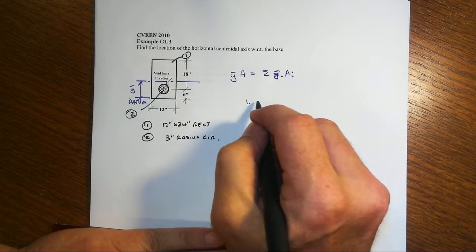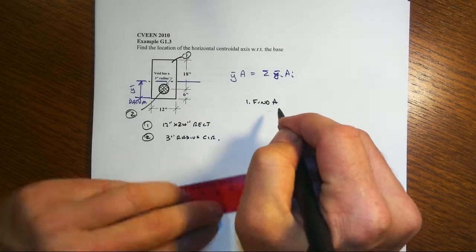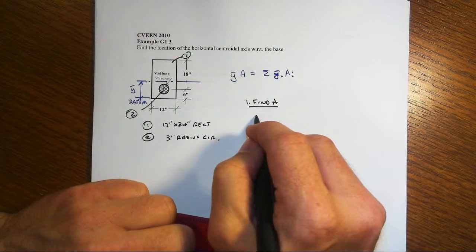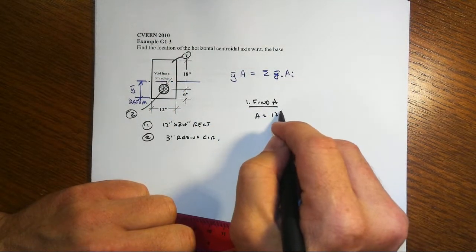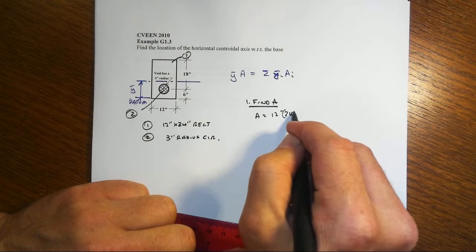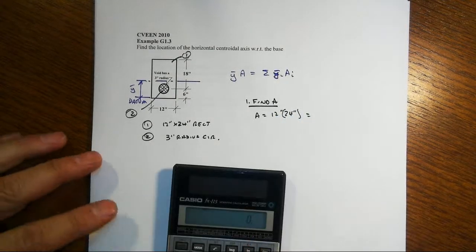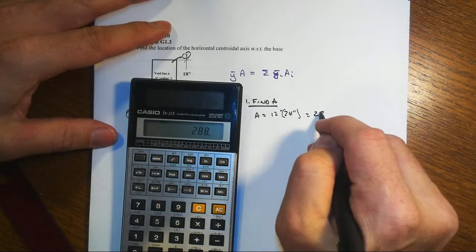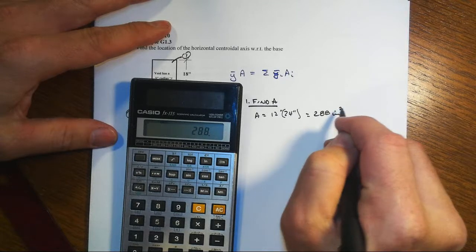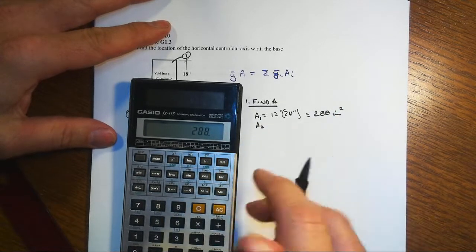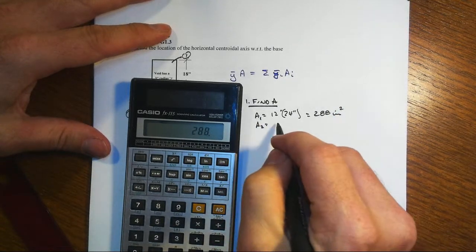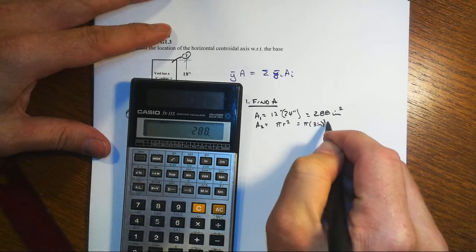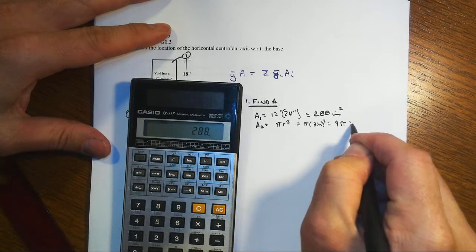Number 1, let's find our area. That would be the total area, so A1 equals 12 inches by 24 inches, 12 times 24, 288 square inches. A2 is then pi r squared, so pi times 3 inches squared equals 9 pi square inches.